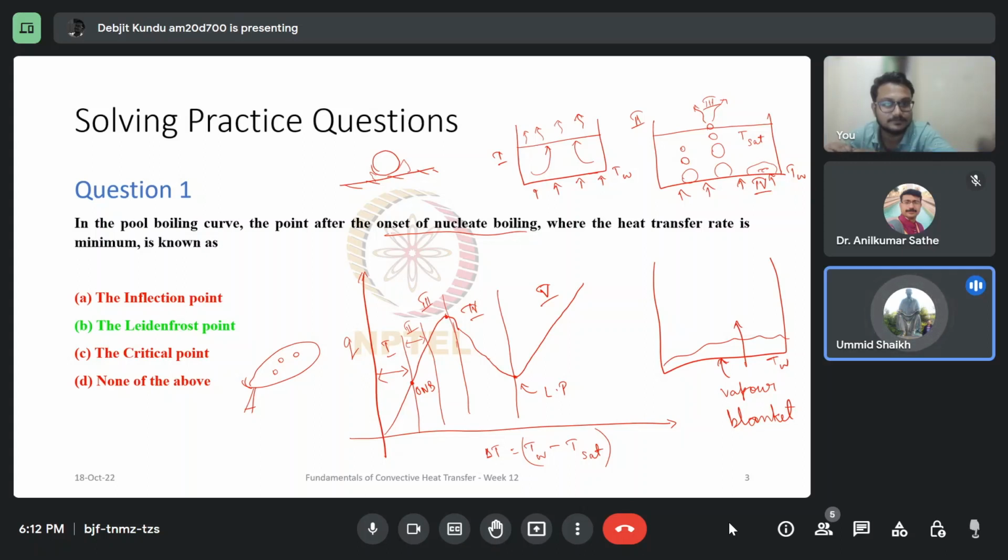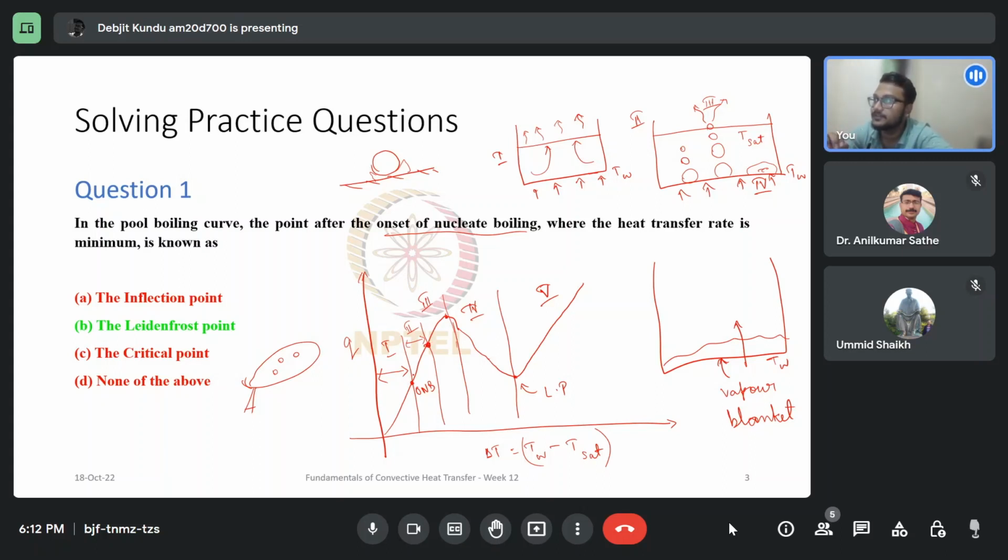Sir, I have a question. In stage number three, the instructor said that the heat transfer coefficient slightly decreases. So what is the reason? Here, the area in contact between the liquid and the hot surface decreases after a point, which is known as the inflection point.